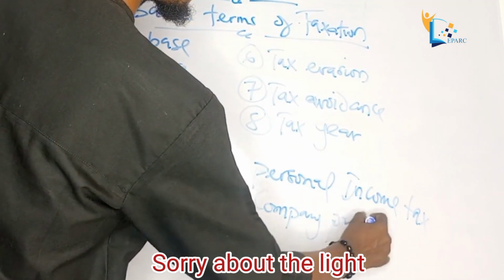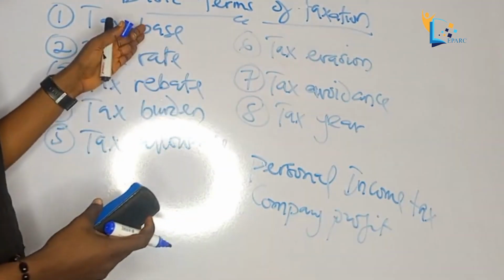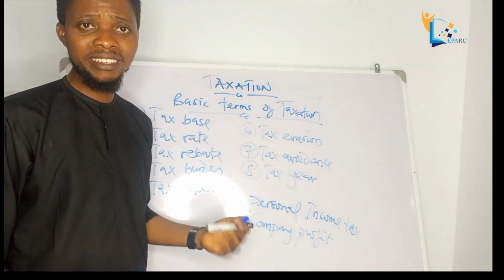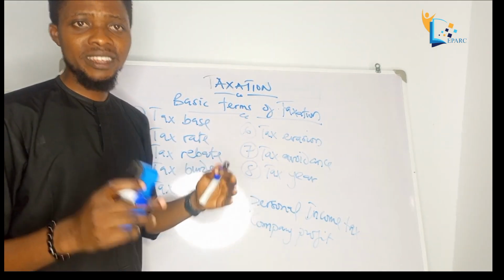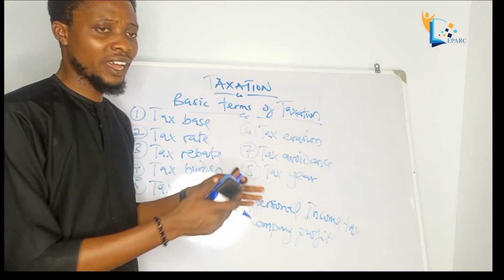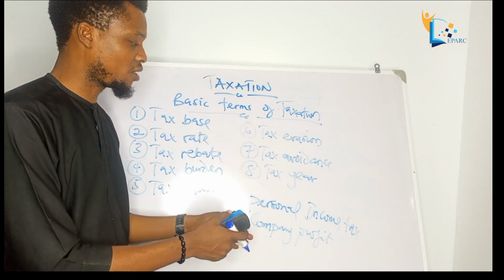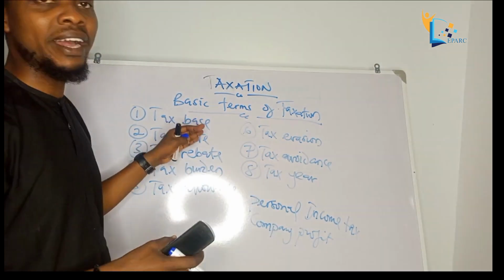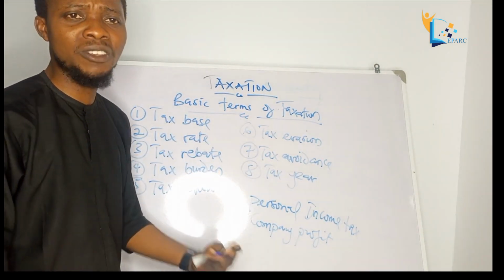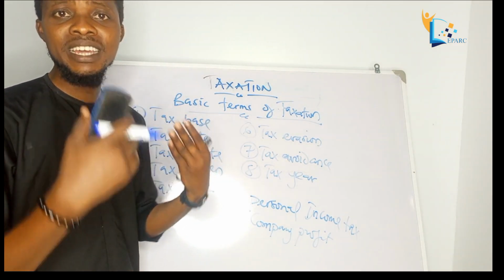That's what we mean by tax base, the object or the item on which tax is levied. That is where tax is taken from. There must be something on which tax is being taken from.